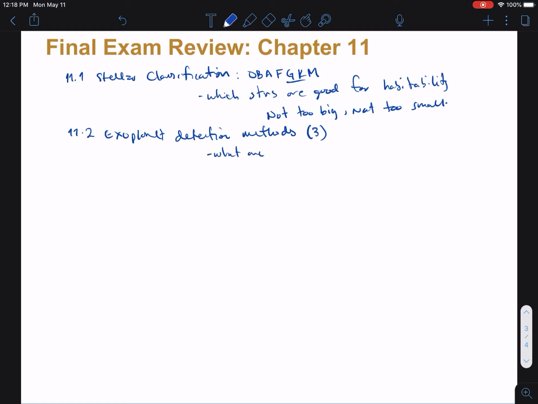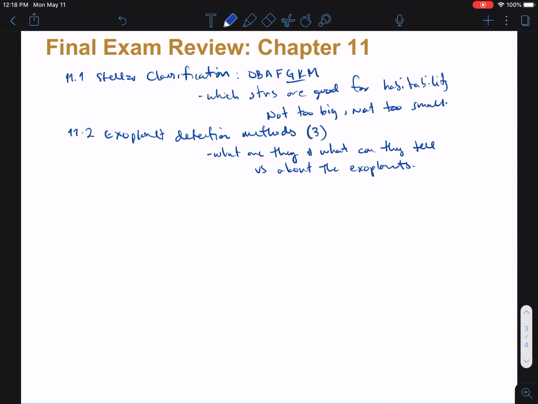So what are they? How do they work? And what can they tell us about the exoplanets? So do they give us radius, mass, period of their orbit, distance, things like that?